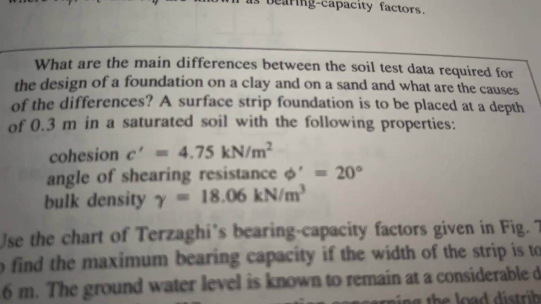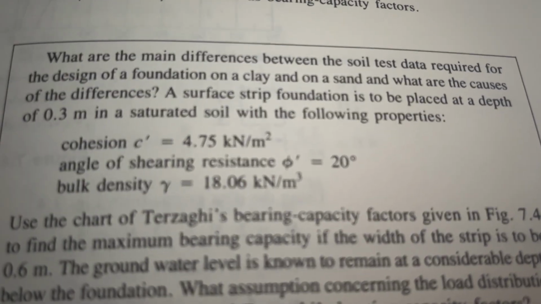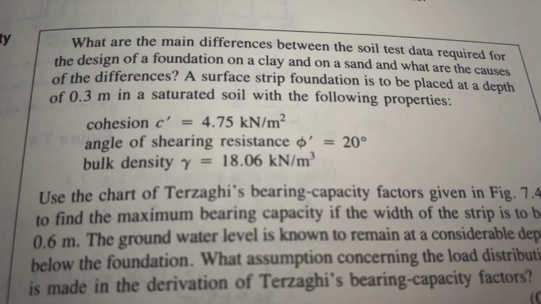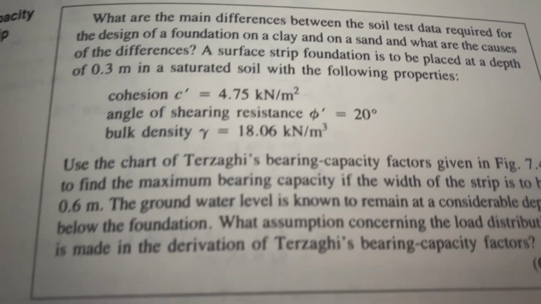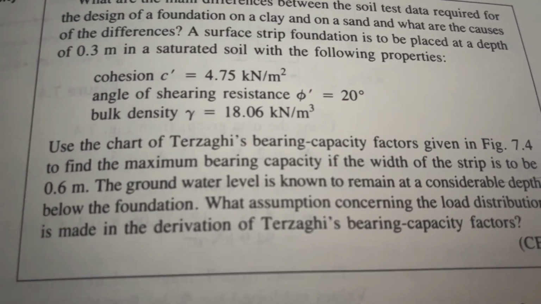A surface strip foundation is to be placed at depth 0.3 meters in a saturated soil with the following properties. Cohesion c' undrained is 4.75 kilonewtons per meter squared. Angle of shear resistance phi' is 20.